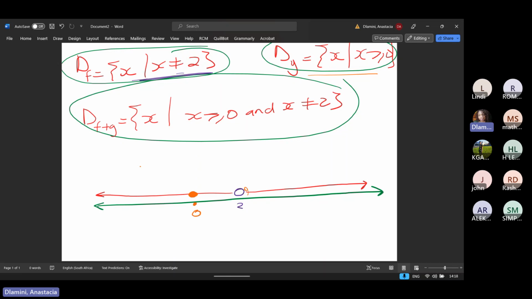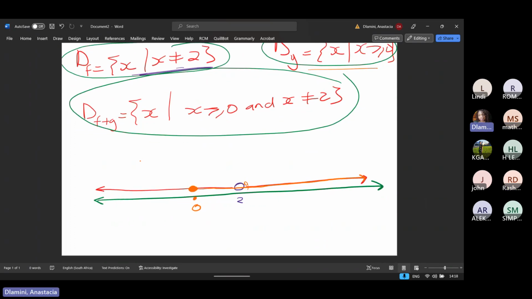Where does it say I'm going? x greater or equal to 0? Positive infinity. Thank you, to positive infinity. Can you see my orange line on top of my red line? Yes, ma'am. What are the 2 lines doing?